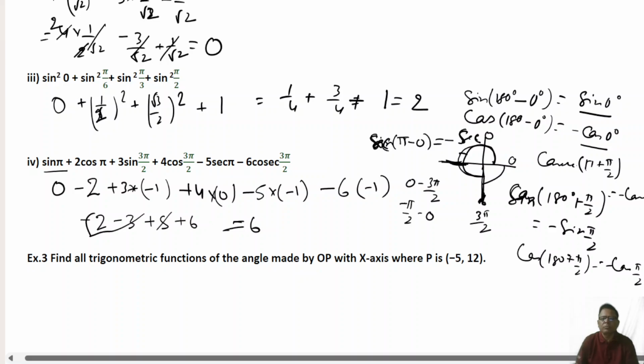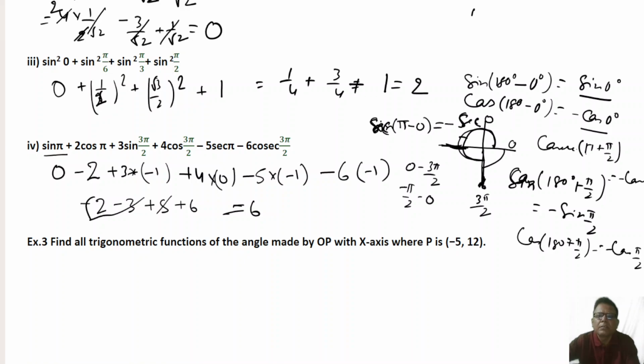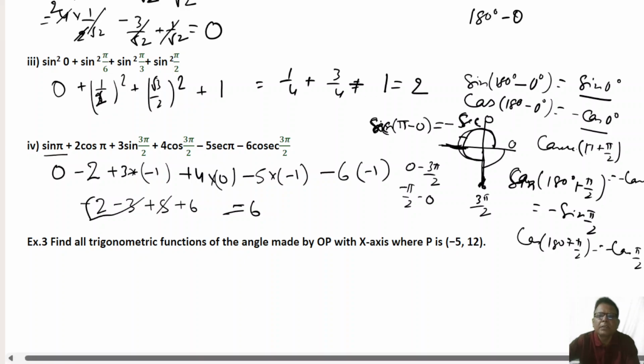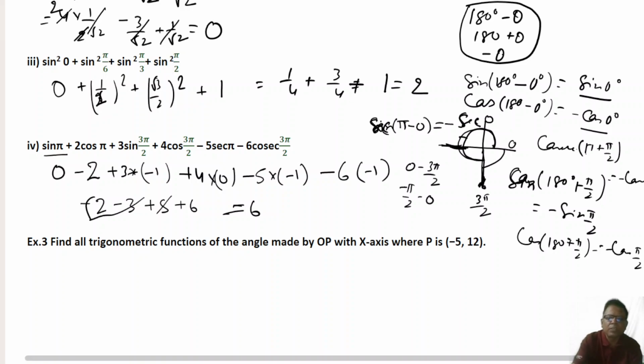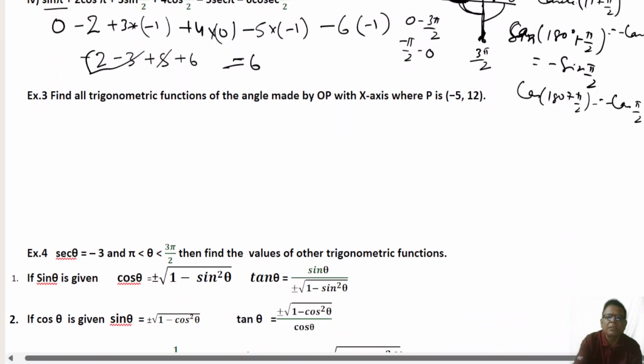So this funda you should use and it will be very comfortable, and you have to remember only three formulas: 180 degree minus theta, 180 degree plus theta, and minus theta formula. Remember these formulas, you will be able to solve any question. Any angle is given, then you will be able to find the trigonometrical ratio based on that angle.